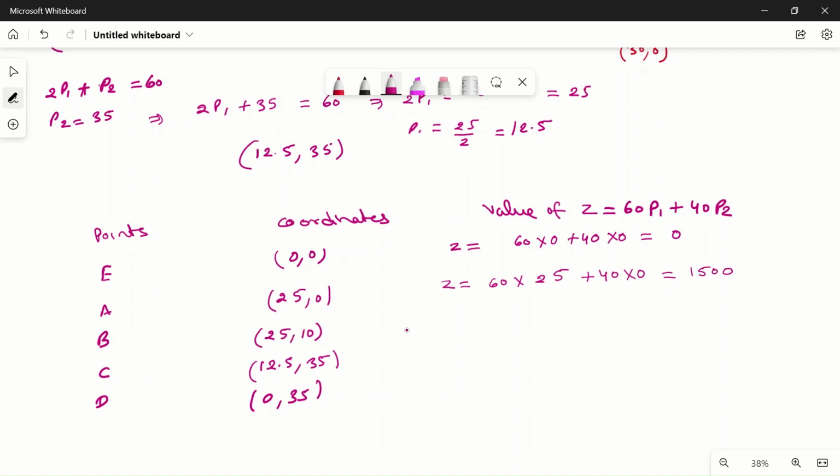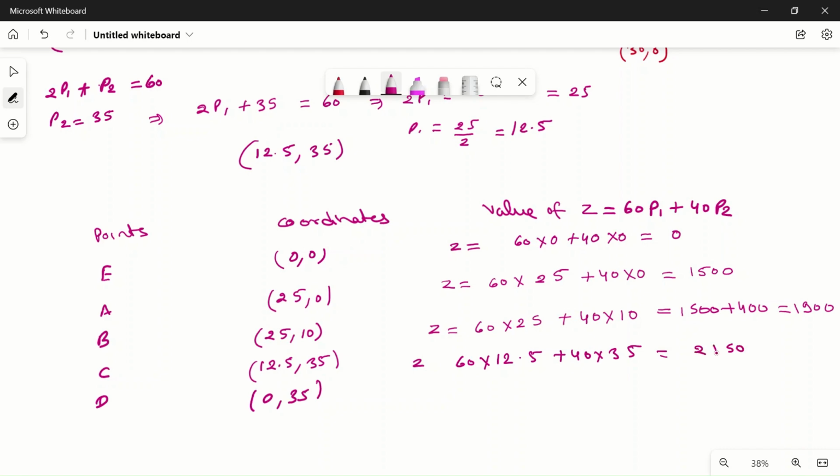Now at point B it is 60 into 25 plus 40 into 10, which will be equal to 1500 plus 400, which will be equal to 1900. At this point C, it is 60 into 12.5 plus 40 into 35, which will be equal to 2150.